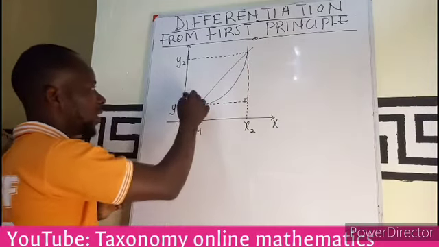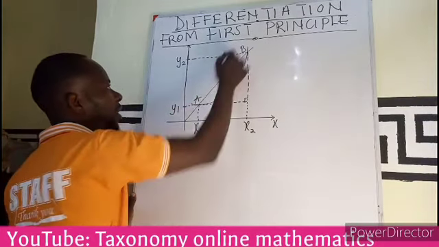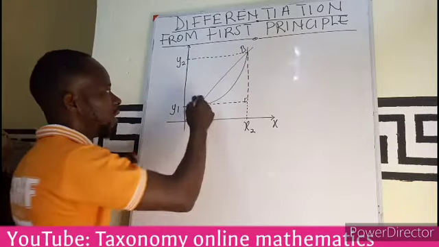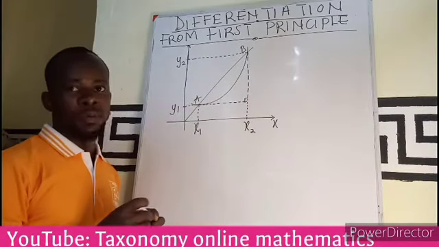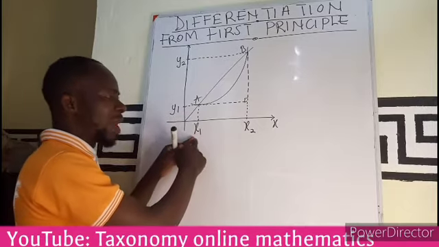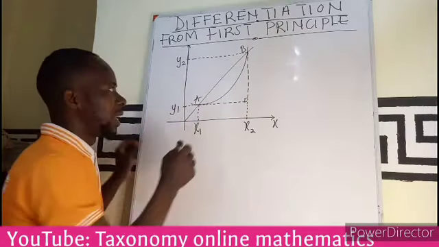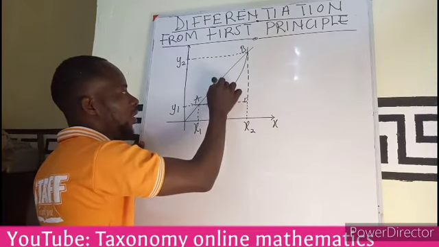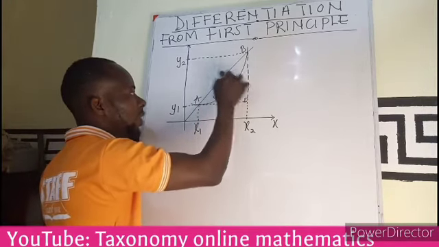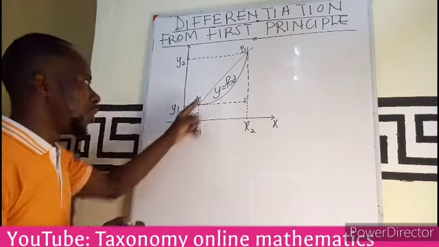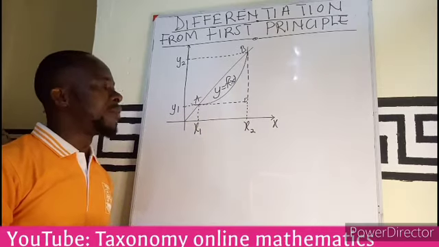If I have a point A and a point B on the curve, if I draw a line, it becomes a chord. We know from here we have x1, x2, y1, y2. Then let the equation or the function of the curve be y equals f of x.